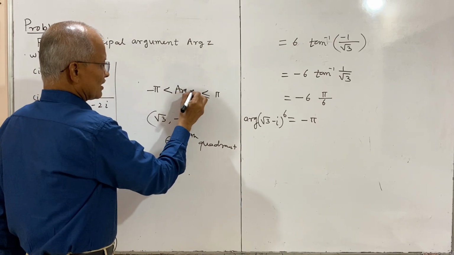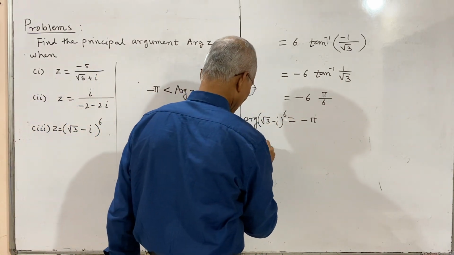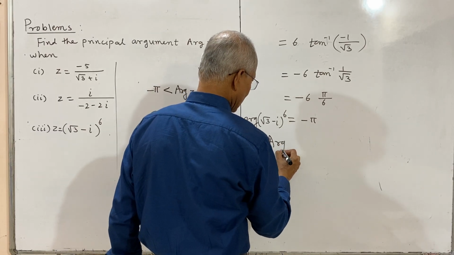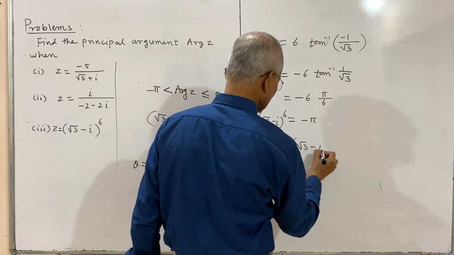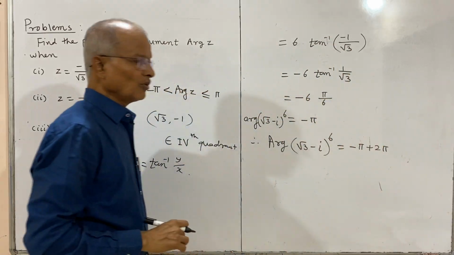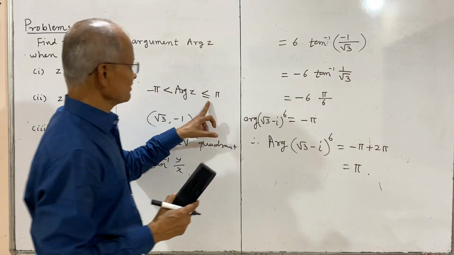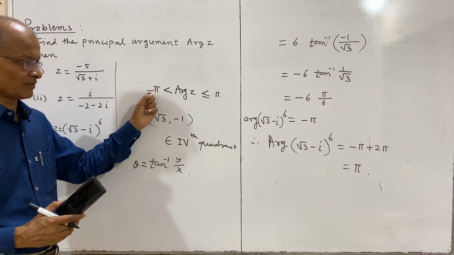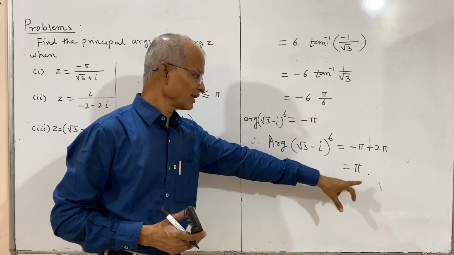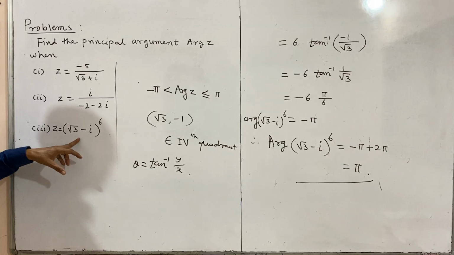So we add 2 pi here, and the principal argument of root 3 minus i raised to 6 is negative pi plus 2 pi, which equals pi. Now pi is a permissible value for the principal argument, not minus pi, so we added 2 pi to get the value.